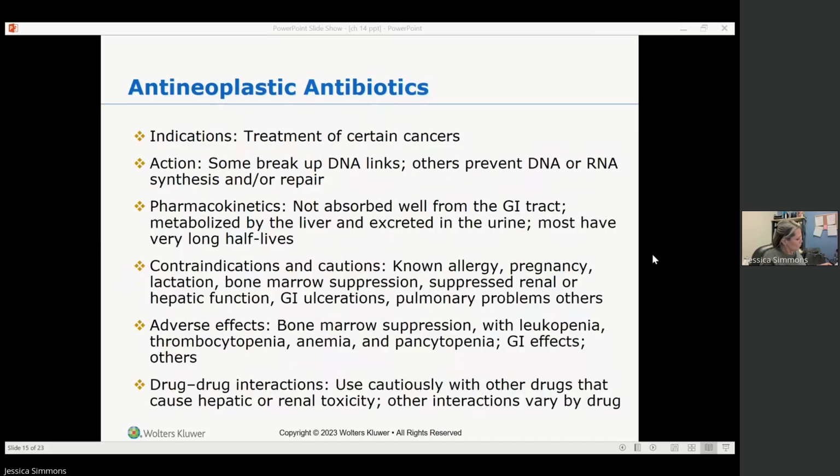All right, so anti-neoplastics is on page.